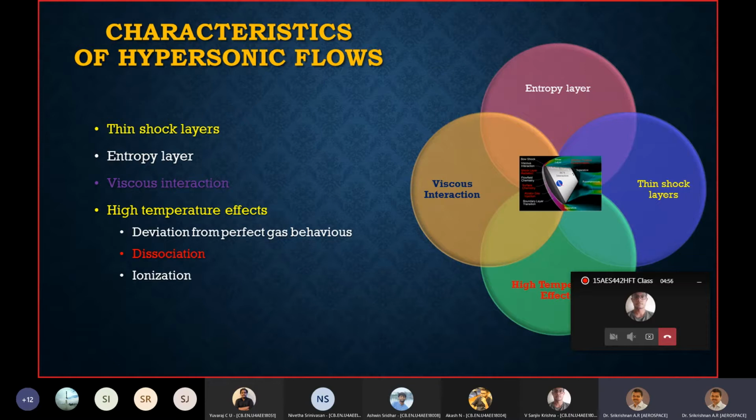In fact, rarefied flows, where you have the Knudsen number being the parameter to determine whether the flow is rarefied or not, is not an inherent property of hypersonic flows. People consider rarefied flow also along with these four because of hypersonic flow applications in space propulsion systems.